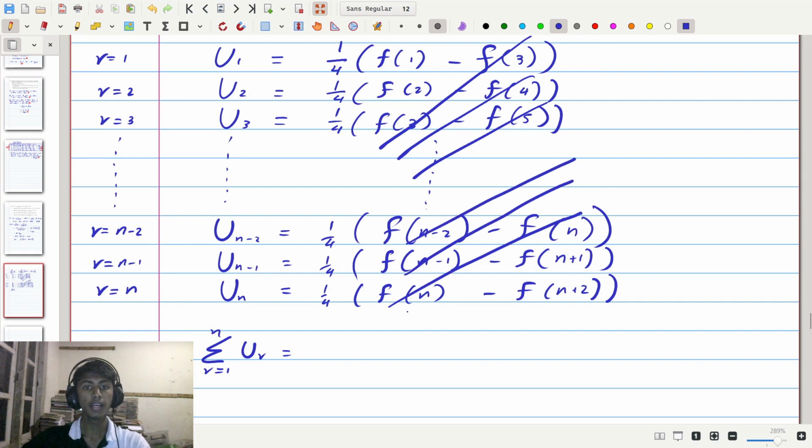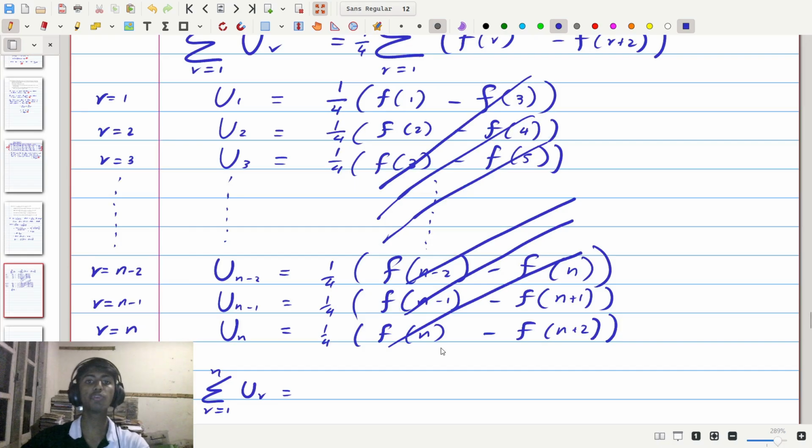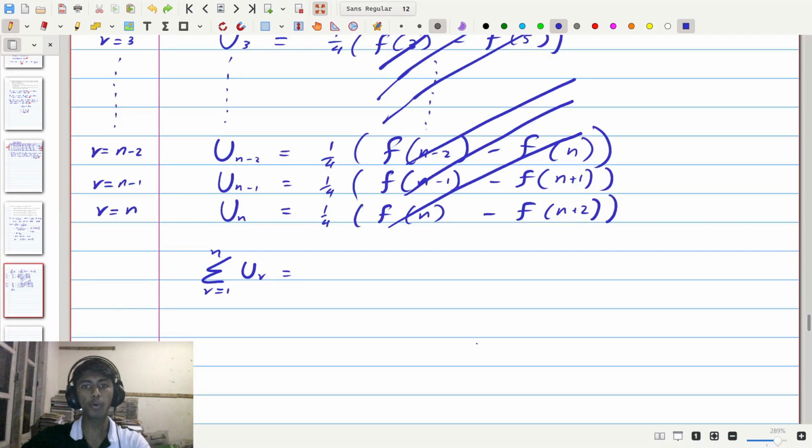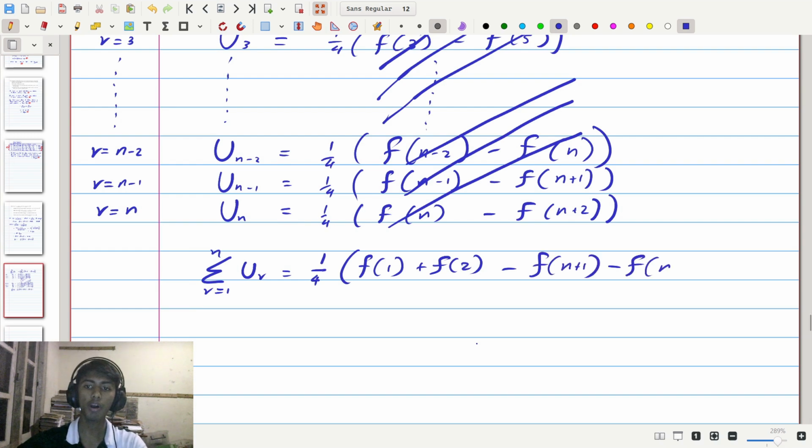So we can see this diagonal cancellation goes all the way down from the top and all the way up from the bottom, and what we're left with is 1/4 of f of 1, 1/4 of f of 2, and 1/4 of negative f of n plus 1, and 1/4 of negative f of n plus 2. So according to that, we have 1/4 of f of 1 plus f of 2 minus f of n plus 1 minus f of n plus 2.